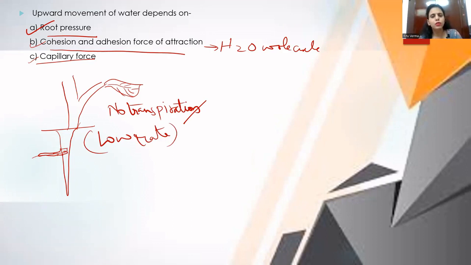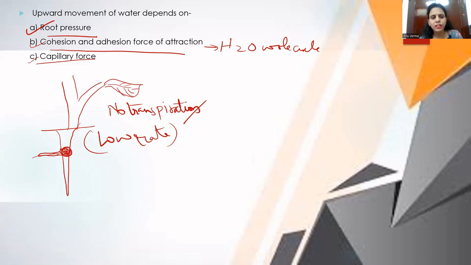water is being continuously absorbed by the plant, not in a very high amount, but in a lesser amount. This continuous absorption of water builds a pressure in the root.